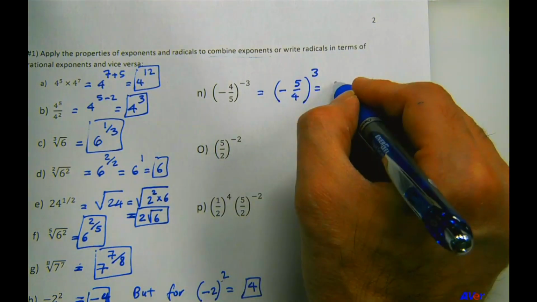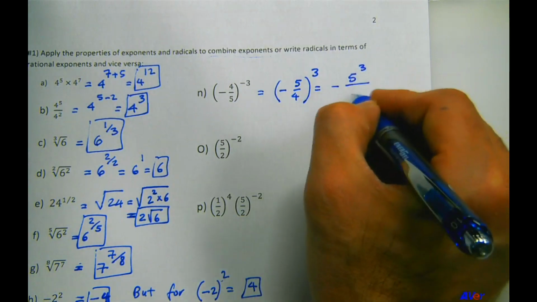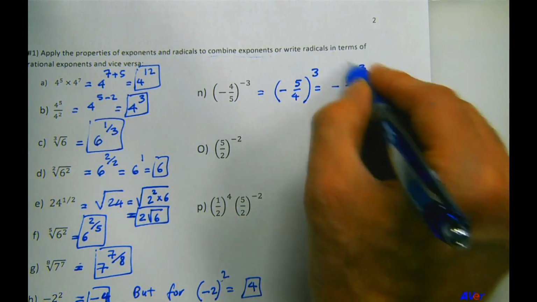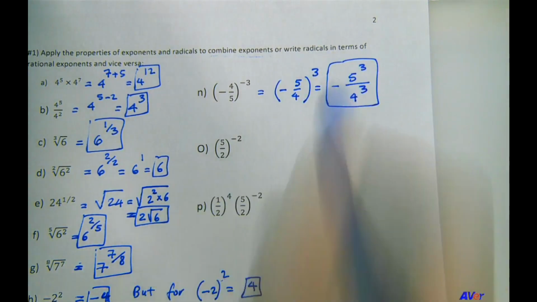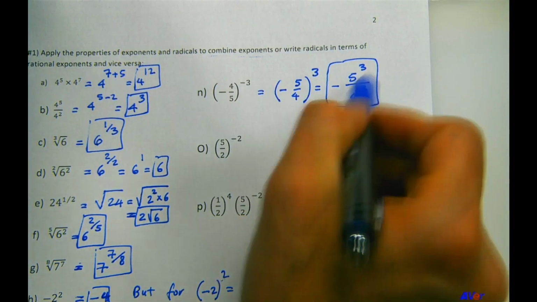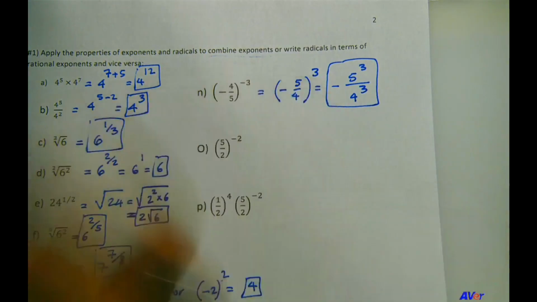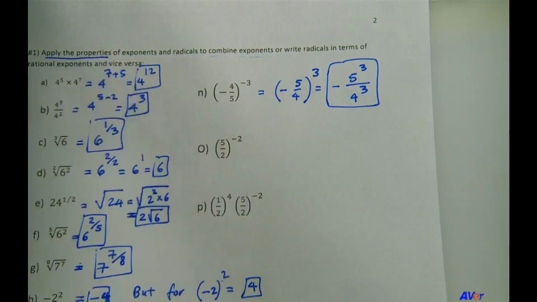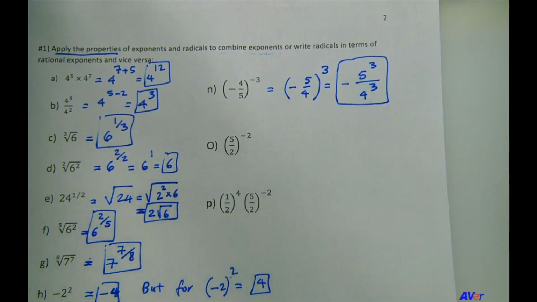So we could say -5 cubed divided by 4 cubed. And I'm going to leave it like that. Normally I would obtain the numbers and simplify them if possible, but I'm leaving it like that because we're just applying the properties we learned. If you wanted to simplify that, you could.